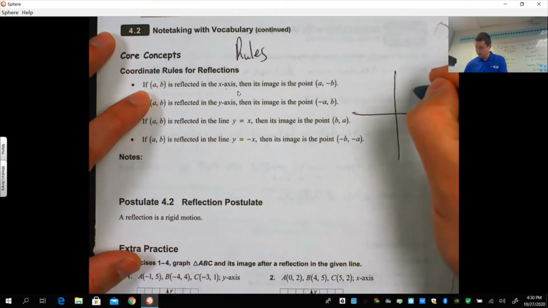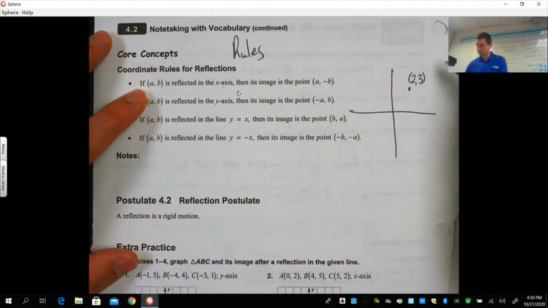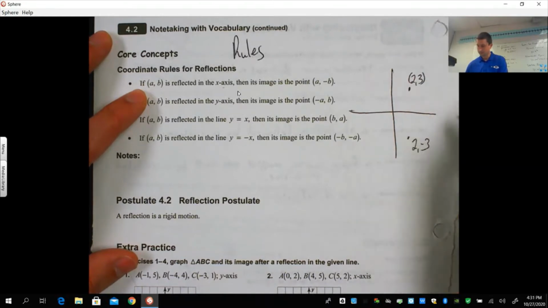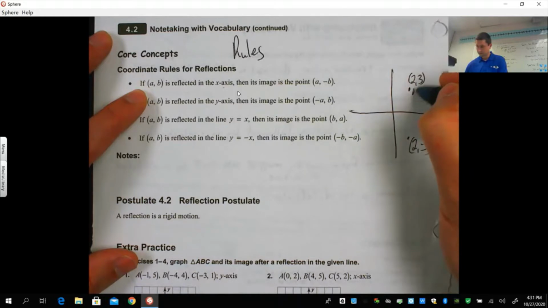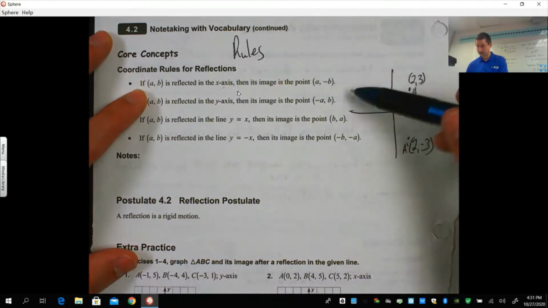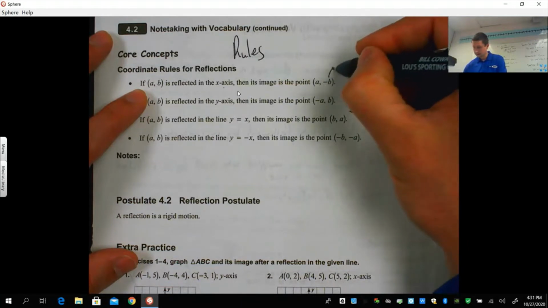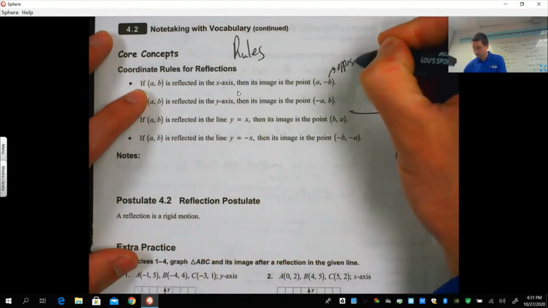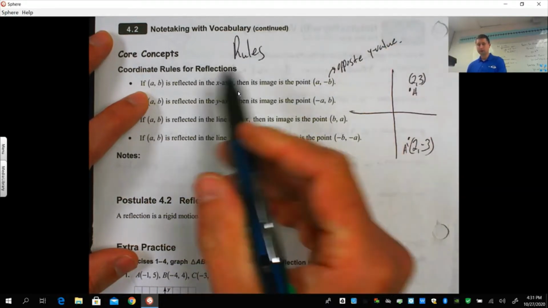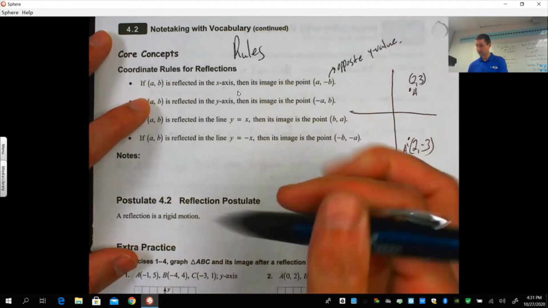So if I have a point 2, 3, if I reflect it over the x-axis, it's going to be down here at 2, negative 3. This is A, this would be A prime. So that's a reflection over the x-axis. So we're going to do the opposite y value. So when you reflect over the x-axis, it's the opposite y value.